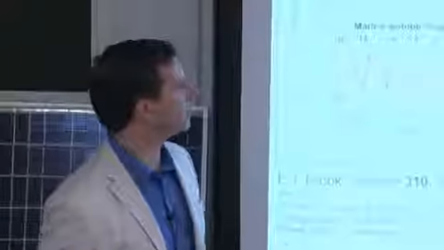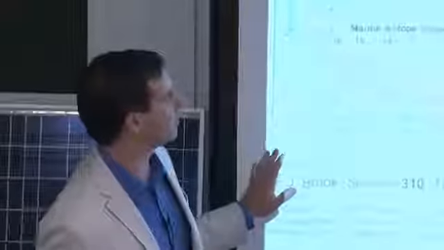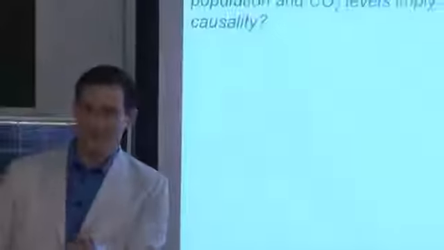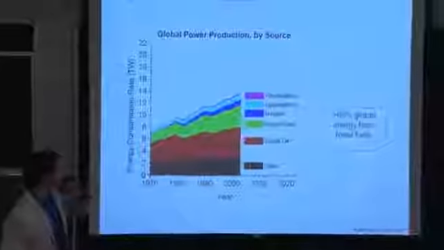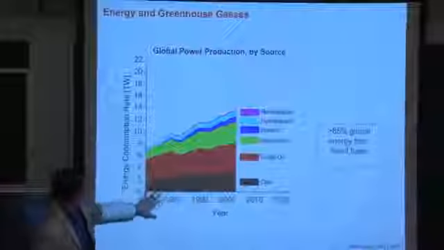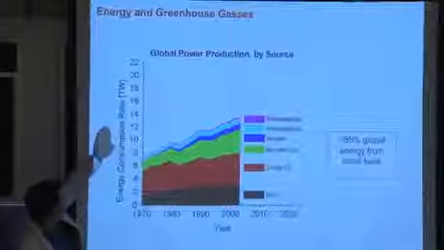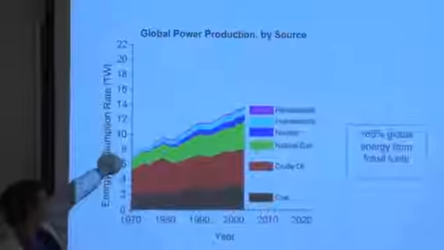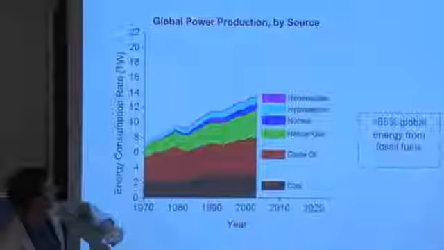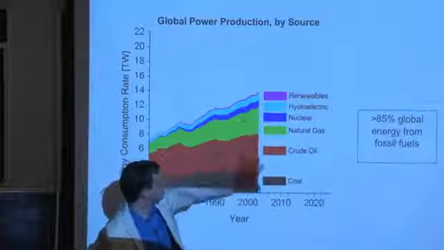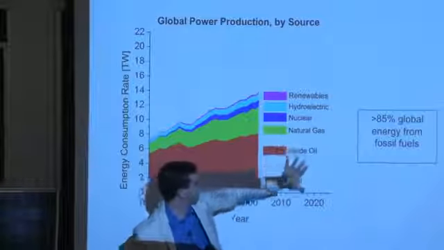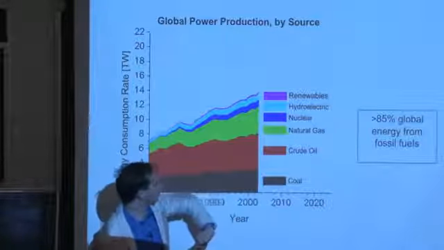Now, if you want to do some back-of-the-envelope calculations just to convince yourself that we, tiny, puny little human beings, are having an impact on our world, do this for me. Take the total energy consumption rate. This is the energy burn rate. So it's the power, the average rate of electricity use. Look at just the fossil fuel-based energy sources.